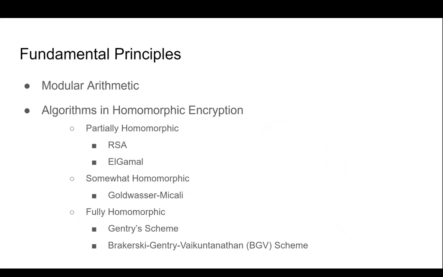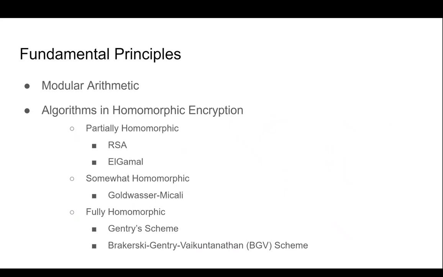their corresponding plaintext. Somewhat homomorphic encryption extends on the capabilities of partial homomorphic encryption by supporting both addition and multiplication, but only a limited number of times before the noise within the ciphertext grows too large to manage, which will lead to decryption errors.